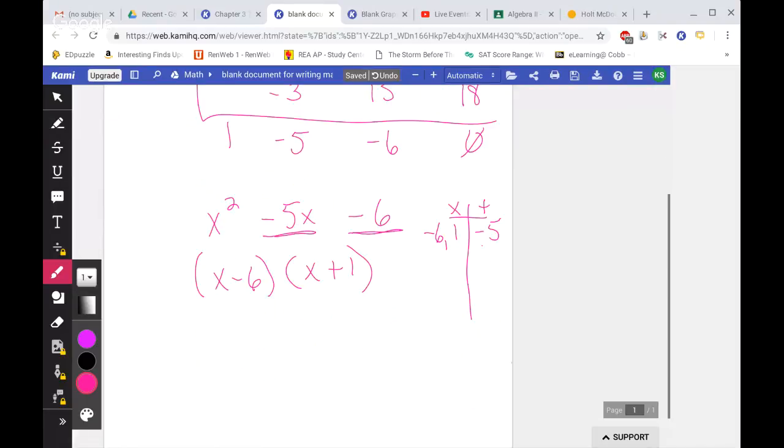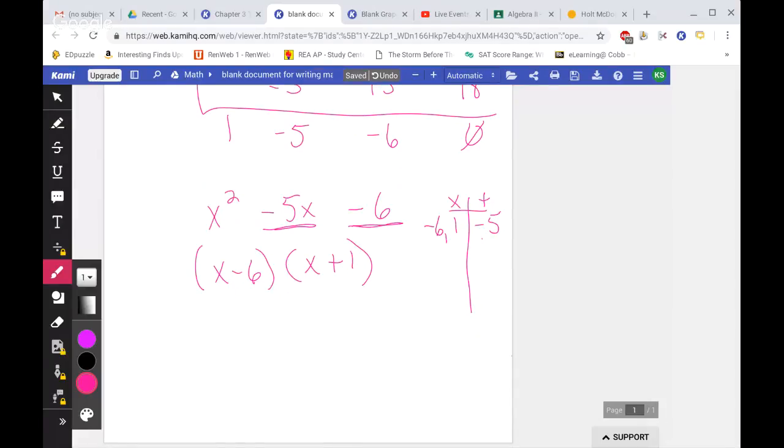And this one was asking us for the zeros, the additional zeros. So the zero means that you're going to solve, and you can either solve it like that or you can take out the opposite.